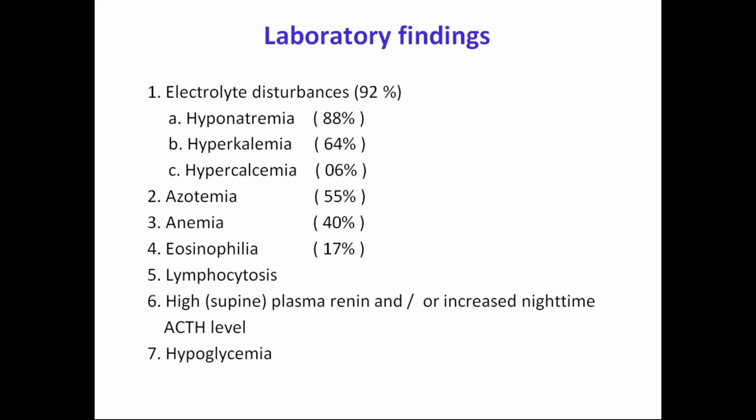Azotemia means a rise in blood urea nitrogen levels. If the patient has symptoms with elevated blood urea nitrogen, it is called uremia, which is seen in AKI or CKD. And eosinophilia, lymphocytosis, high plasma renin, an increase in nighttime ACTH level, and recurrent hypoglycemia. The patient may present with all these lab findings.